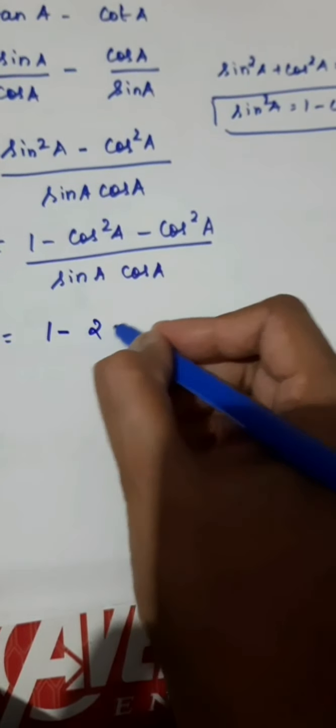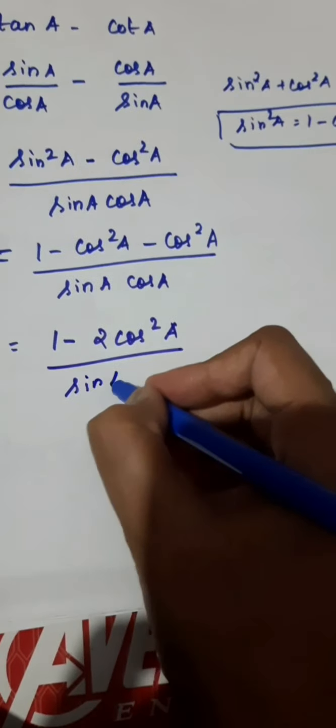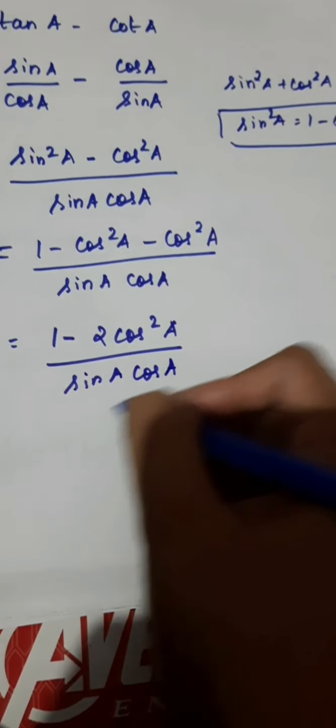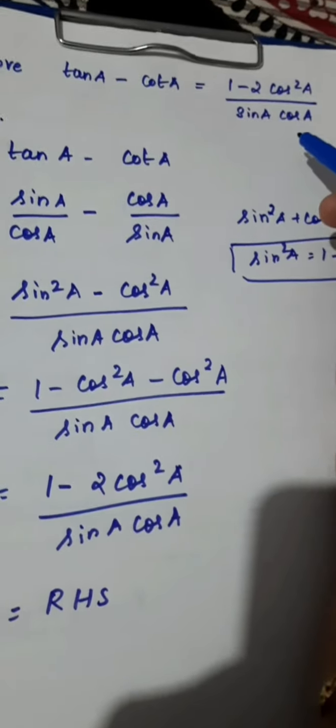So (1 minus 2 cos square A) by sin A into cos A. So that is the RHS. Hence, proved.